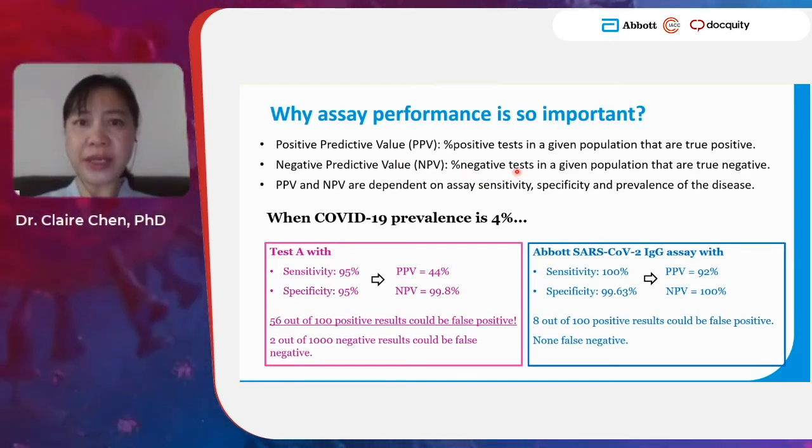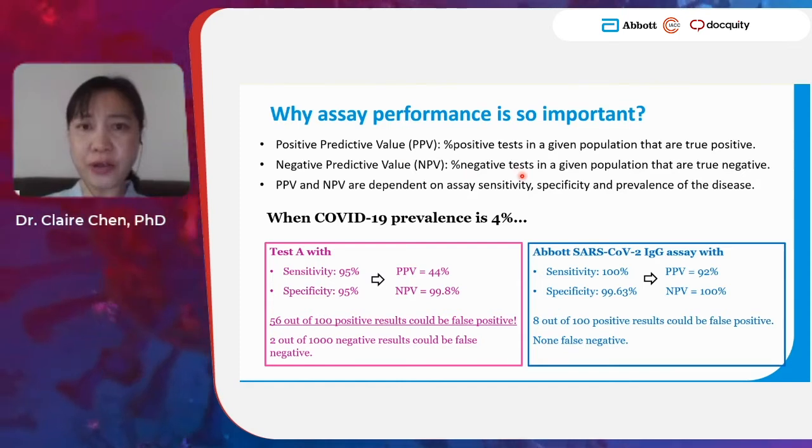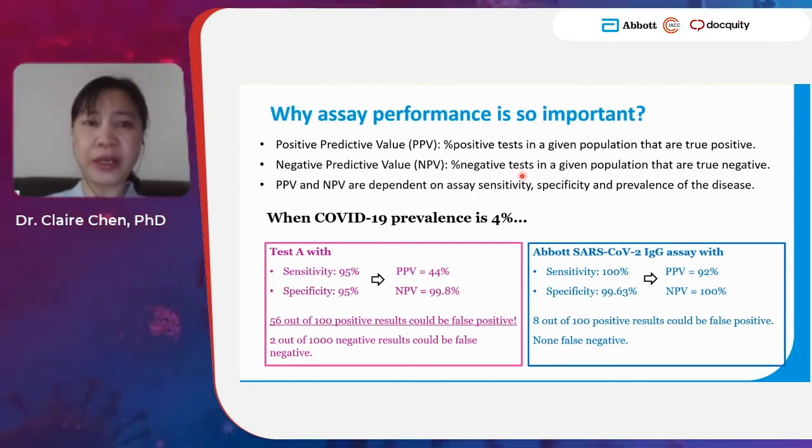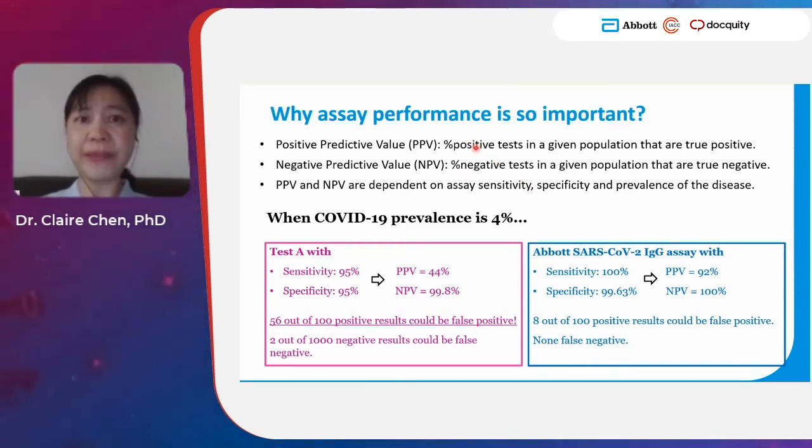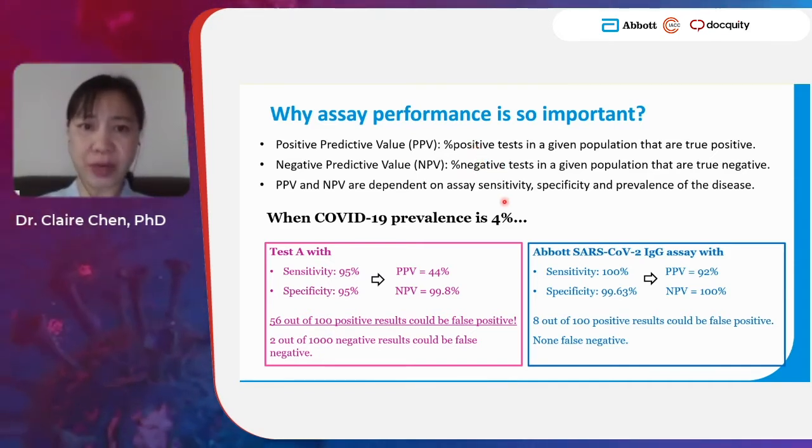That means if you have 100 positive results, and only 80 of these 100 are true positive, then the PPV is 80%. And for the negative, it's the same, right?